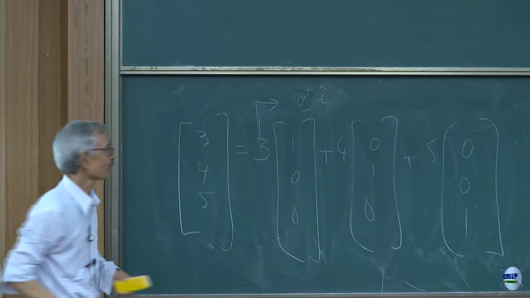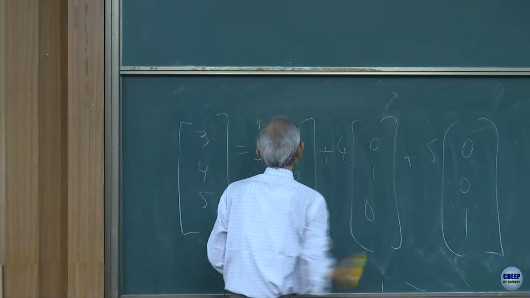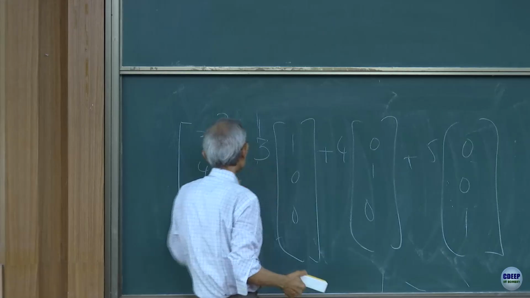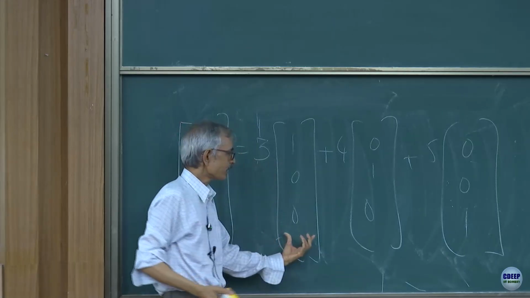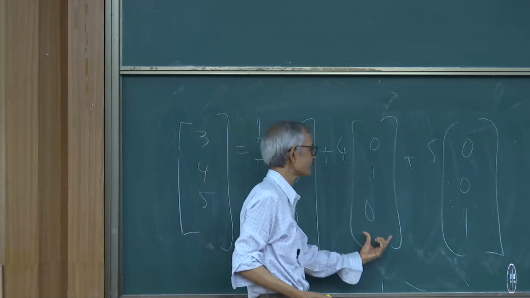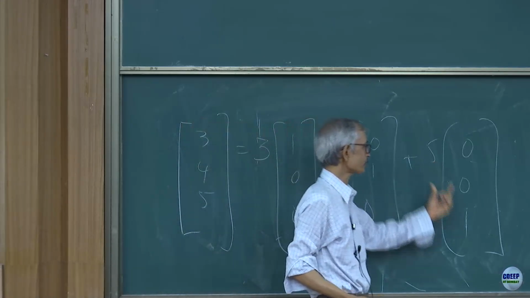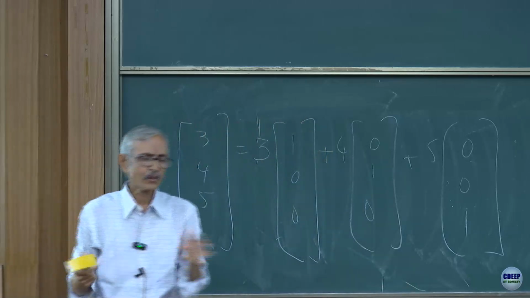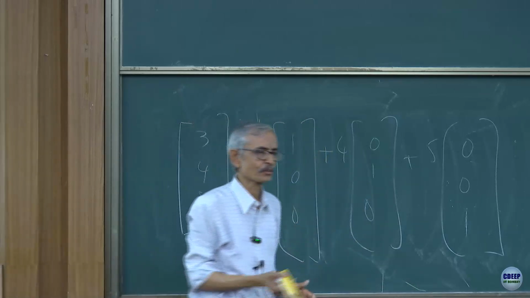Okay. All right. So what we therefore have is, I have got the projection of this vector along this I direction plus the projection of this vector along this direction, projection of this vector along that direction. All this is trivial stuff that you all know.